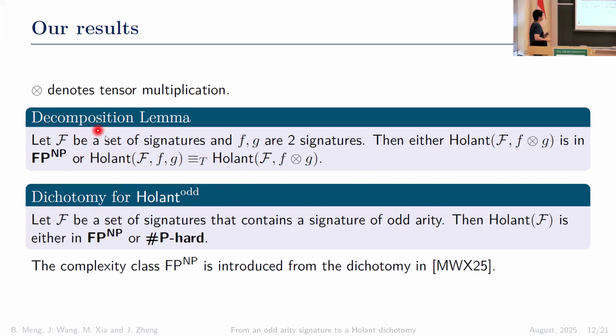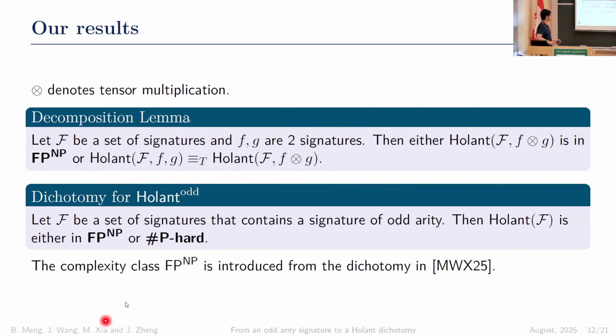This lemma is also often used in hardness proofs in previous studies, and we prove that for this problem, if we have F tensor G in hand, either we can know its complexity, or we can just use F and G separately. And based on this lemma, we prove a dichotomy for Holant odd, which means that F contains a signature of odd arity. Then Holant F is either in FP^NP or #P-hard.